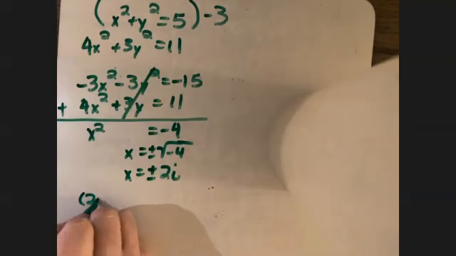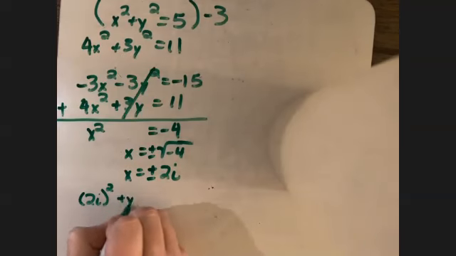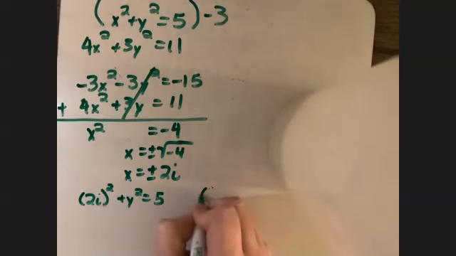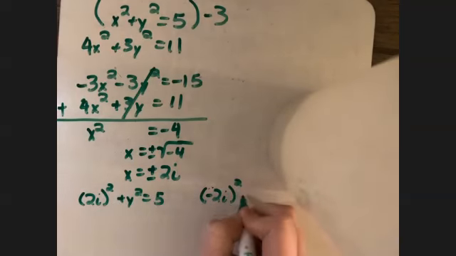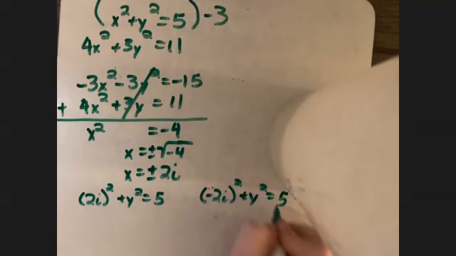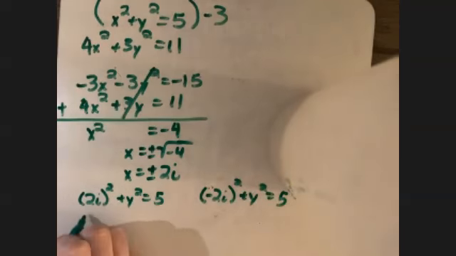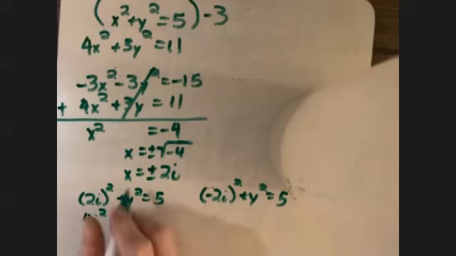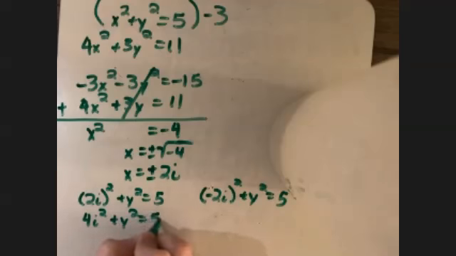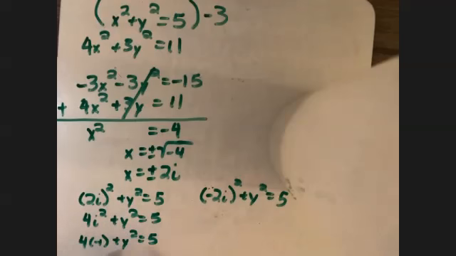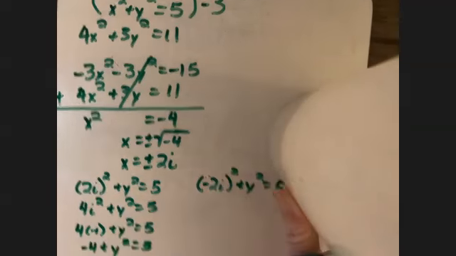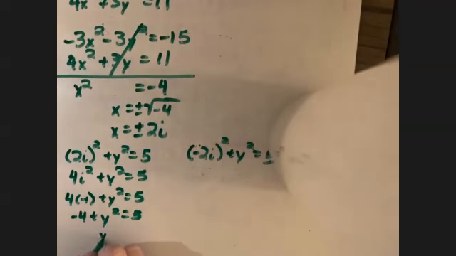So I'm going to do 2i squared plus y squared equals 5, and then I'm also going to do -2i squared plus y squared equals 5. So this is going to be 4i squared. Remember that i squared is -1. It's going to be -4 plus y squared equals 5. Add the 4. y squared is 9. So y is the square root of that, plus and minus 3.